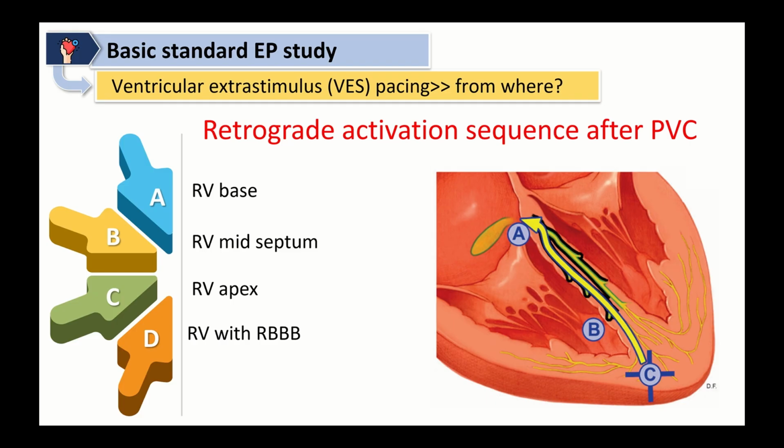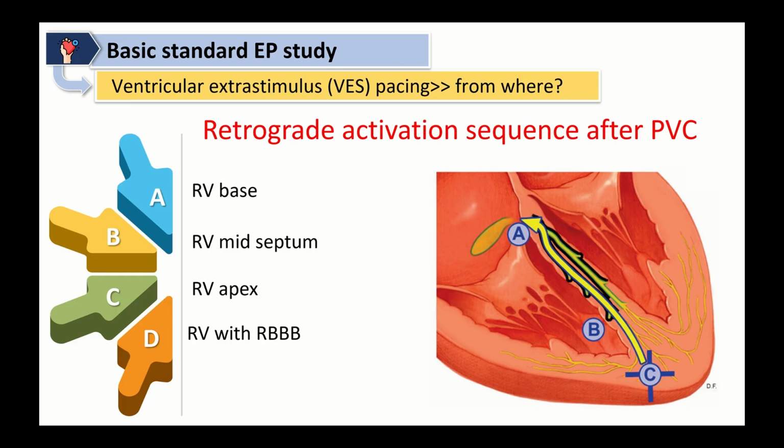We use the ventricular extrastimulus not only to confirm whether it is nodal or extranodal, but also to know where we pace from. If you look at the retrograde activation sequence after the ventricular extrastimulus and you see the VA interval, we can know whether we pace from RV base, mid-septum, RV apex, or whether there is evidence of right bundle branch block.